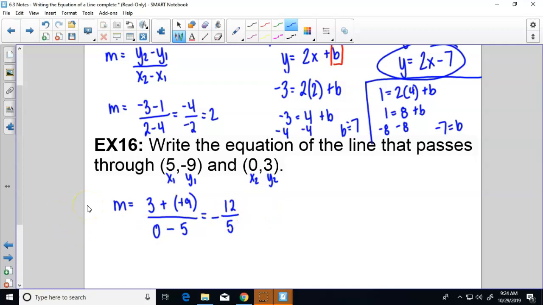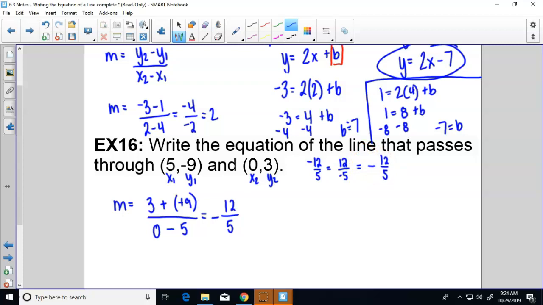Typically, what you're going to see it written as. Technically, you can write this as negative 12 over 5. You can write it as 12 over negative 5. But what you're going to see it written as most of the time is the negative out front of the whole fraction, like right there even with the fraction bar, and then 12 over 5.